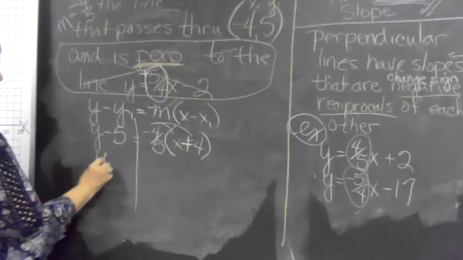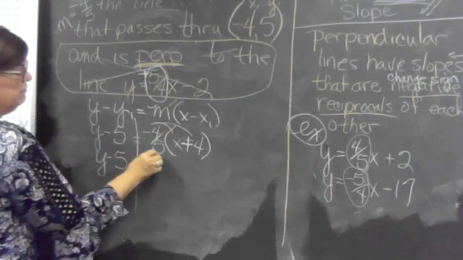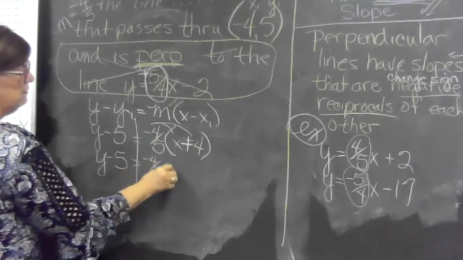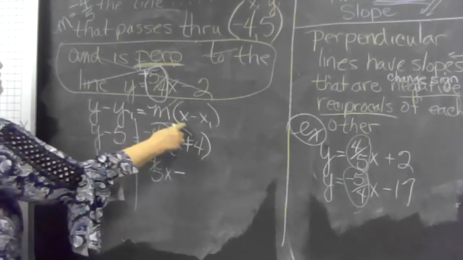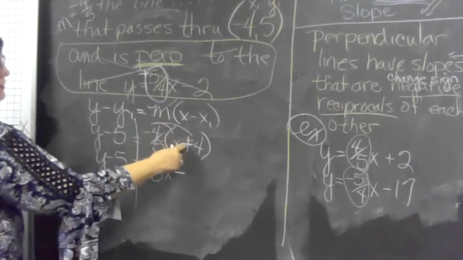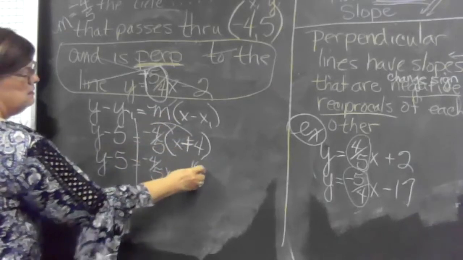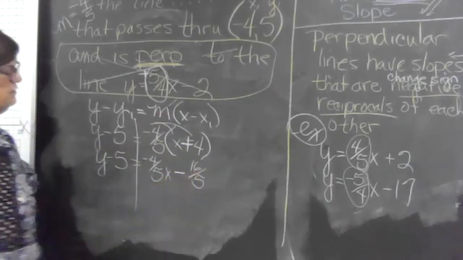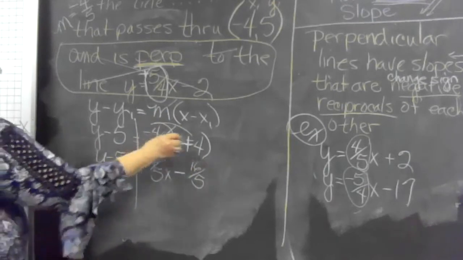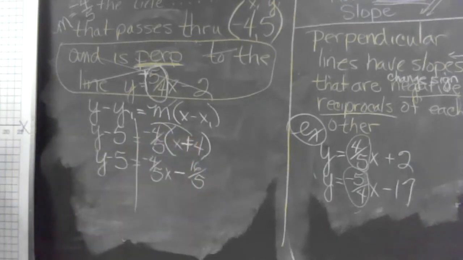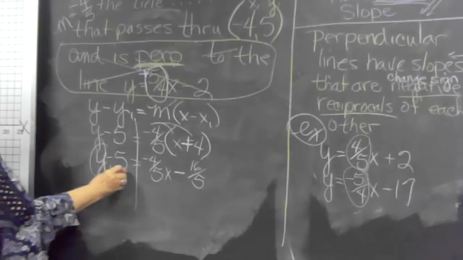So I have y minus 5 equals negative 4/5 x minus, because a negative times a positive is a negative, 16/5 so far. When you get a chance, do it with your calculator. That's the correct answer. And then I want to solve for y, so I've got one more step.